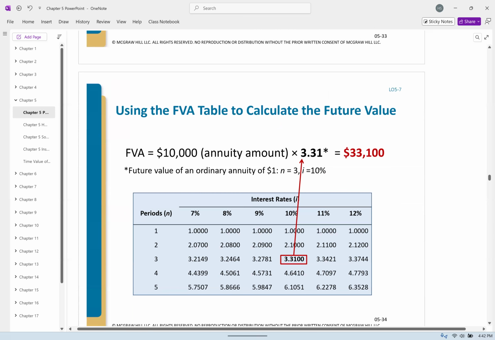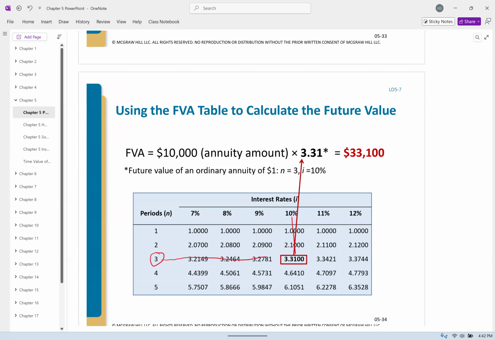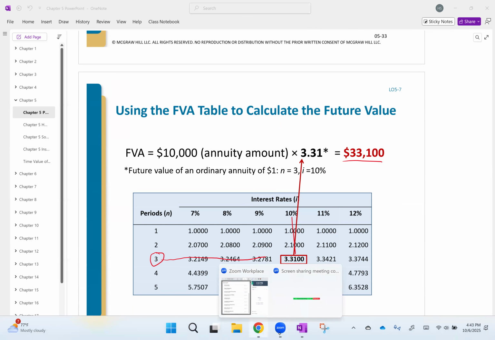Or we can go to the table and find 3 years where it intersects at 10%, and find out that this is going to yield us a future value of $33,100. Let's jump over really quick to that TI-84 calculator that I have pulled up.